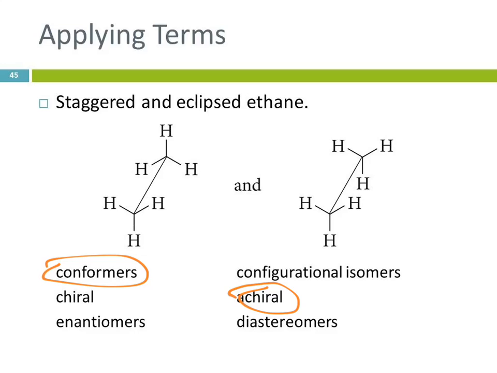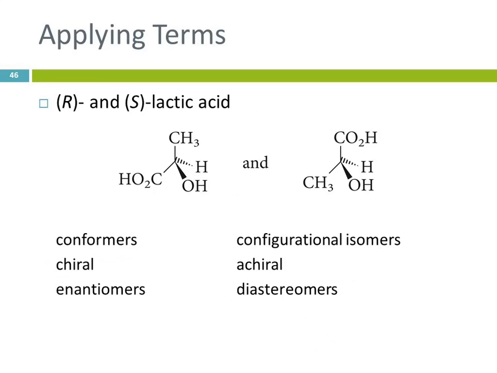What does it mean for it to be a stereoisomer? Different arrangement in space, right? So these are stereoisomers. They have a different arrangement in space, but they're not mirror images of each other, so they would be called diastereomers. And the enantiomers are mirror images, yes.